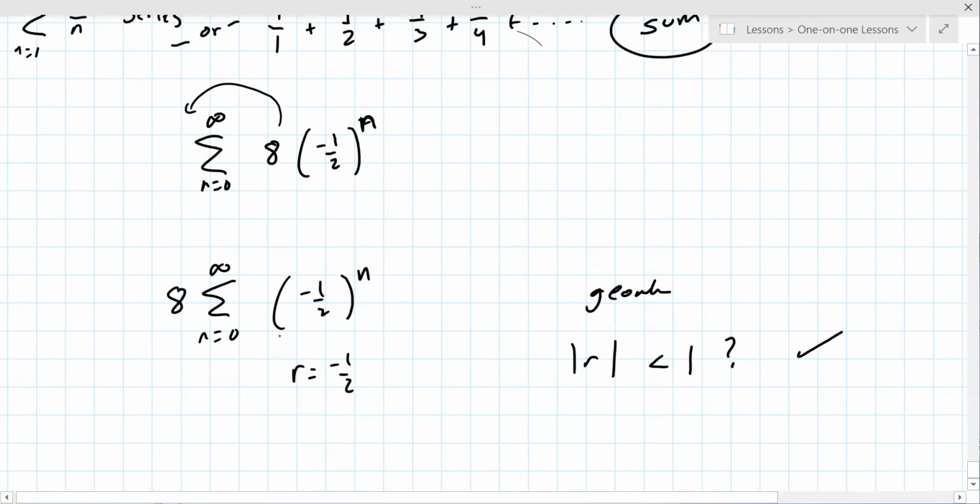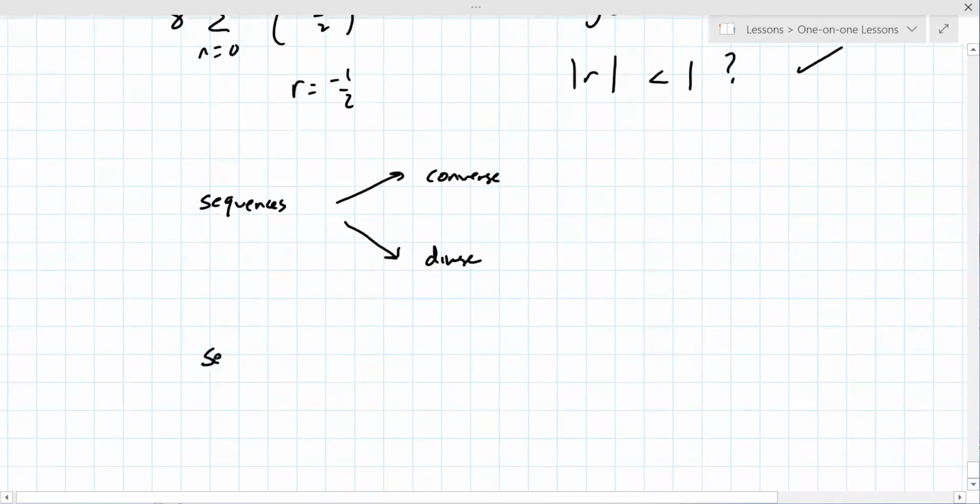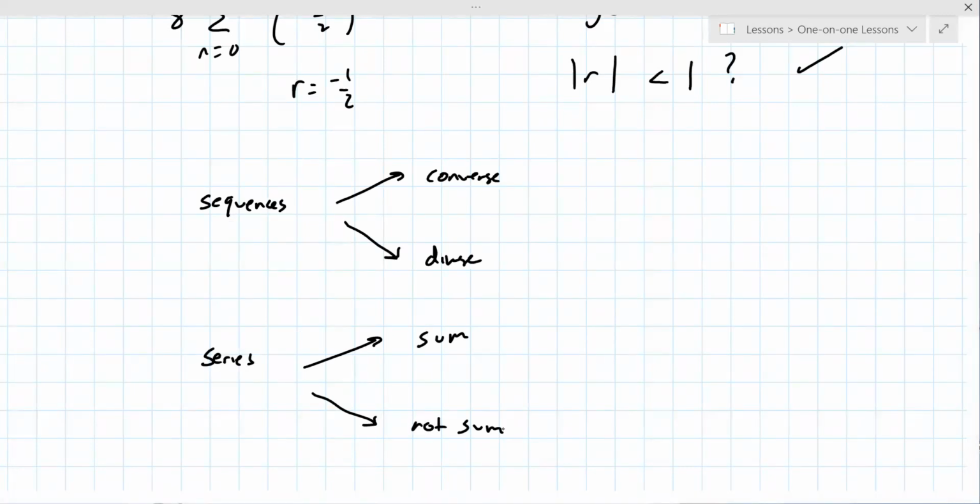Let me say this another way. Sequences can either converge or diverge. Series can either sum or not sum. So here's the best path: the sequence converges and we know the sum.